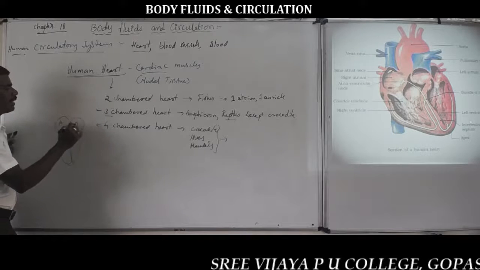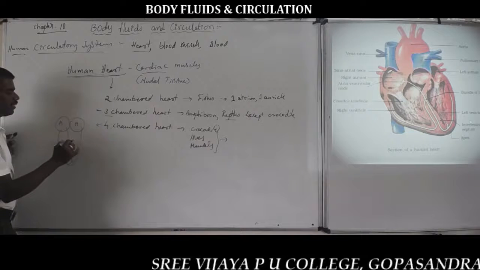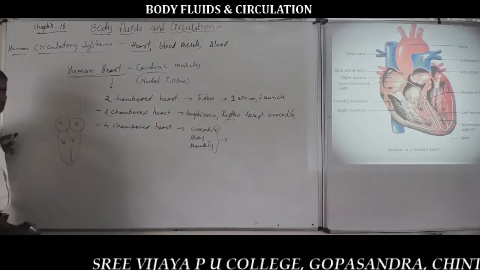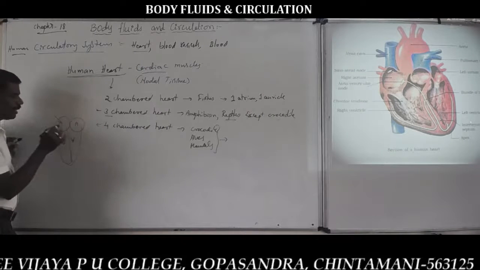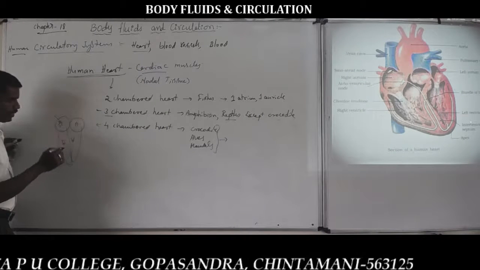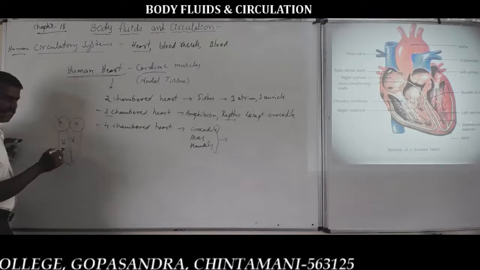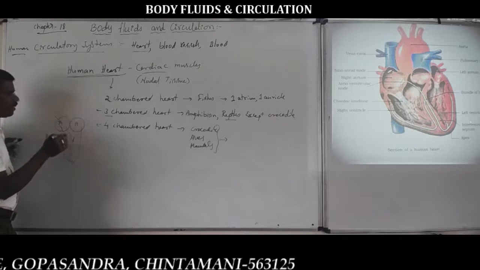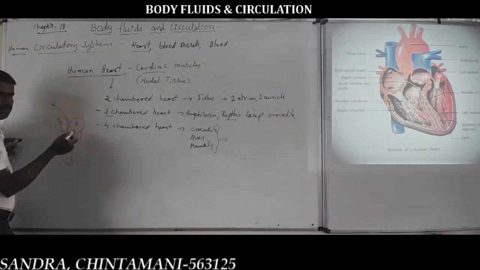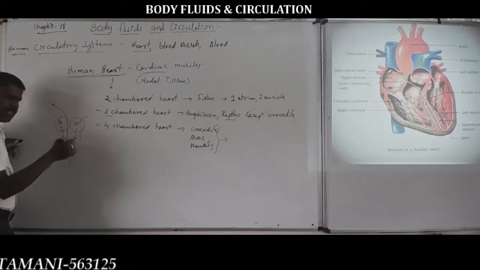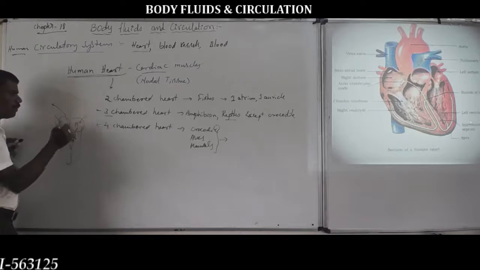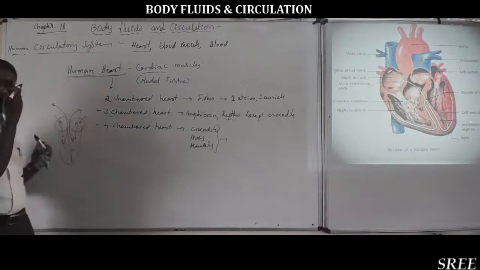The right atrium collects the deoxygenated blood, and the right ventricle receives it and supplies it to the lungs. The left atrium collects the pure blood and sends it towards the left ventricle, from where it will be pumped.